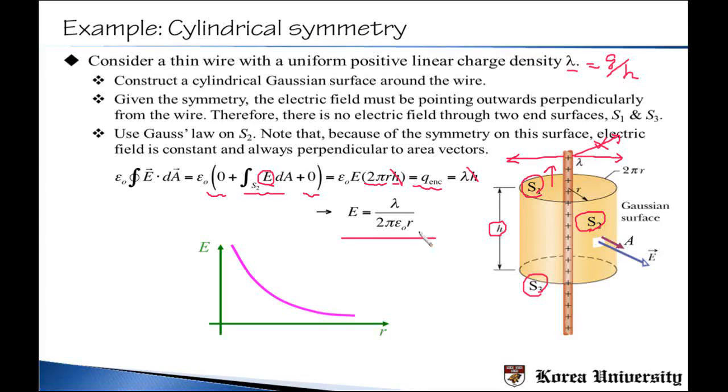What is important is that you have an r. So this is proportional not to the distance itself, but to the inverse of the distance, which means that if you are far away, the electric field will become 0, and the graph of electric field as a function of distance will look like this.